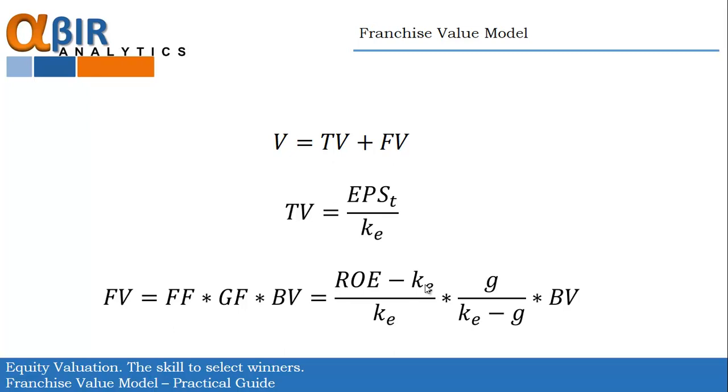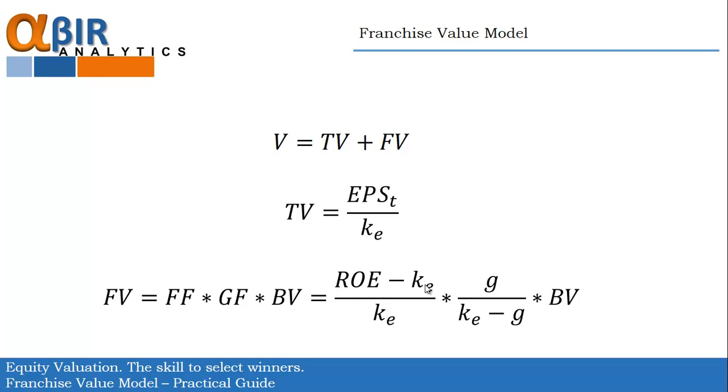As a proxy for the market expectations, we can use the cost of equity since it represents the alternative cost to the company. The second part of the franchise value is the growth factor, where we are valuing, using again the Gordon growth model, the growth opportunities of the company.